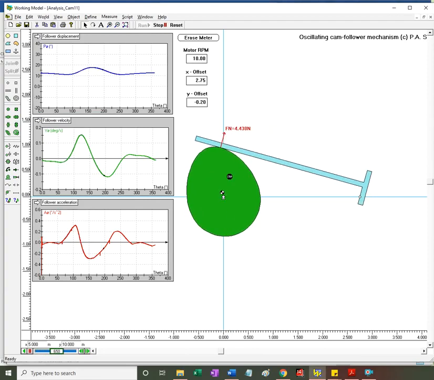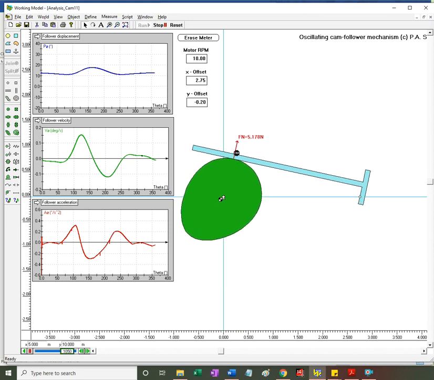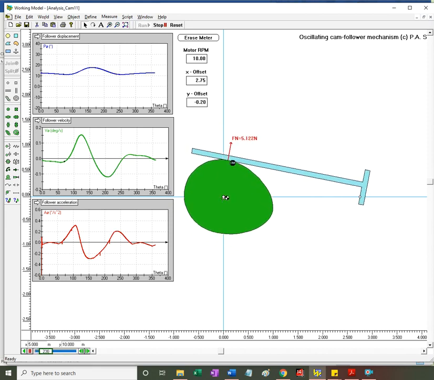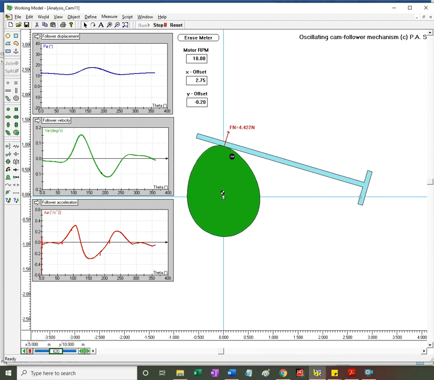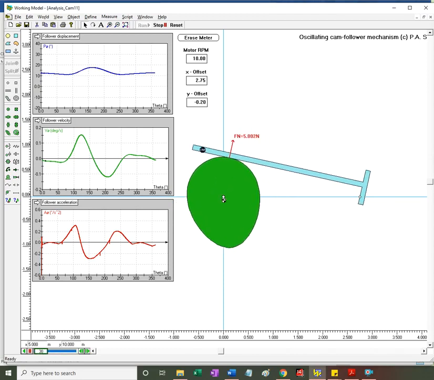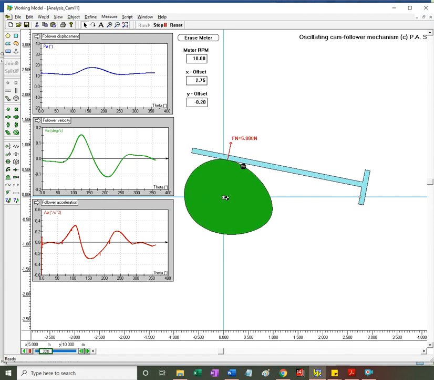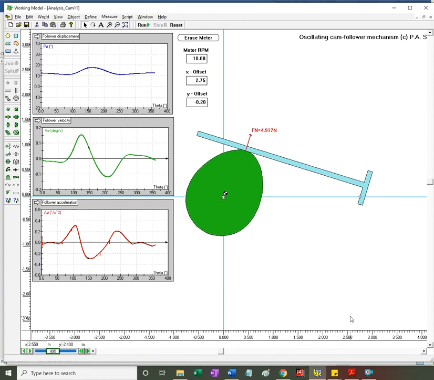Now look at the force. This is the contact force, and there's no friction, so I'm neglecting friction. The normal force that exists in the contact between cam and follower is always perpendicular to the face of the follower.